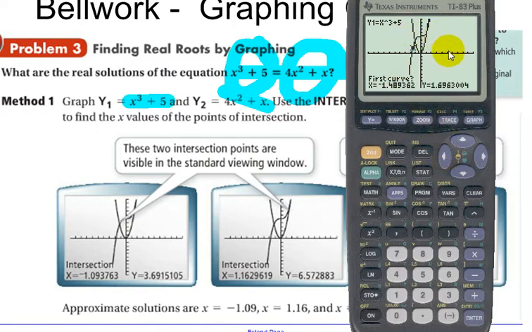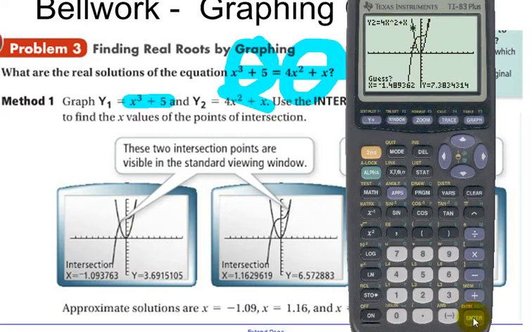I'm below that first intersection because I've got more than one intersection here. I want to see this first one on the left side. So I'm going to go below it and press enter. And now notice that the cursor popped right back up to the parabola. So it recognizes that's the second graph. So we'll accept that. Enter.